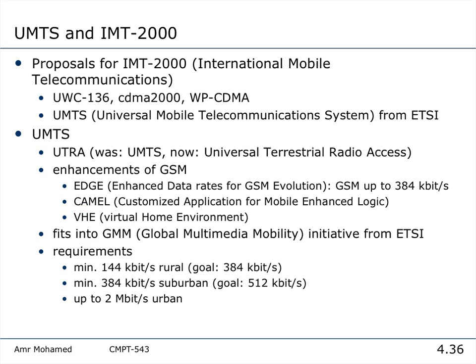They also talked about CAMEL, or the customized application for mobile, and a virtual home environment. And these are application level services that sort of did not exist before in 2G. In 2G, if you remember, we talked about very, very basic application level services like fax and things like that, which is very, very primitive.